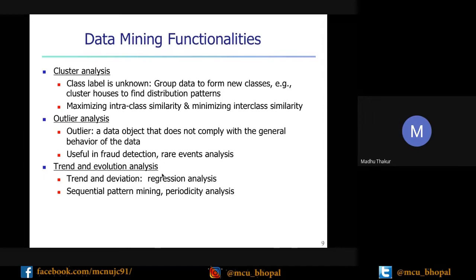Outlier analysis: if a particular object does not come under any cluster, then we can say, oh, this is an outlier, like in fraud detection. When you withdraw money, you have one pattern, one habit, and accordingly you withdraw your money.